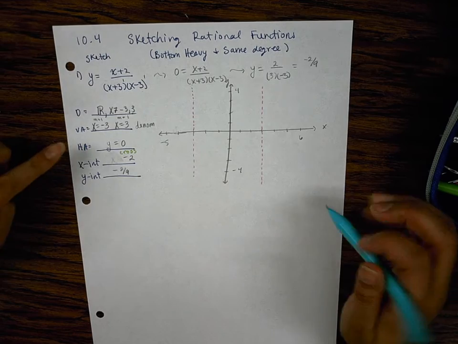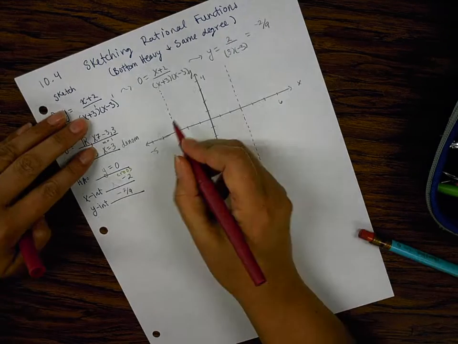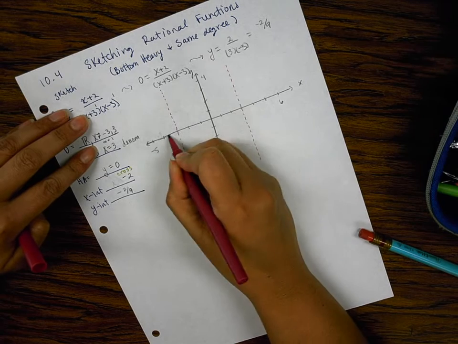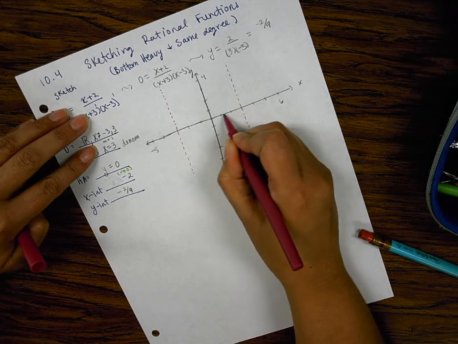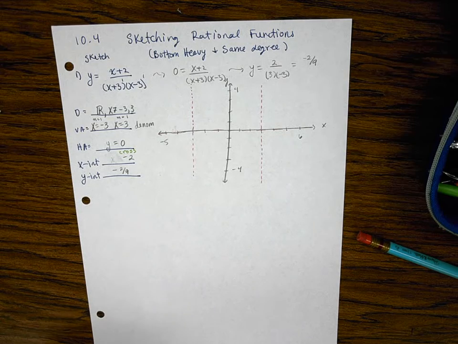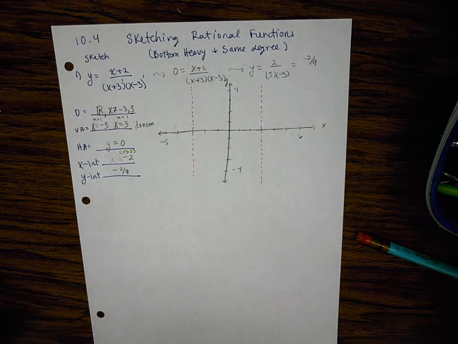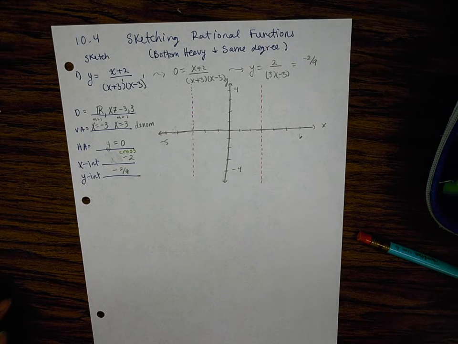Okay, horizontal asymptote of y equals 0. Now it's a little harder to see, but y equals 0 is the actual x-axis, so this is my horizontal asymptote here. Now remember, we never touch or cross our asymptotes, and that is still true.